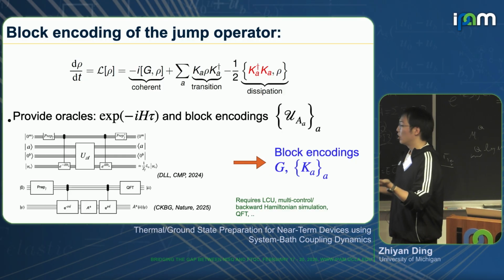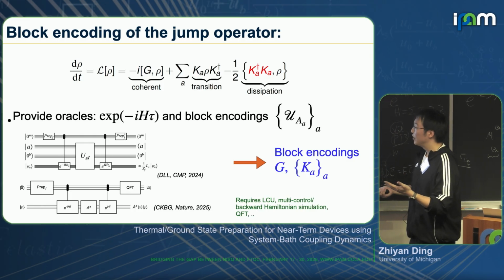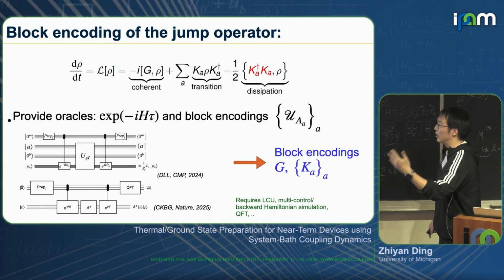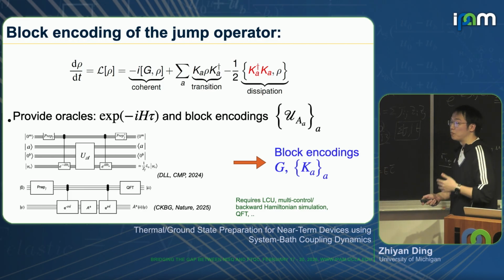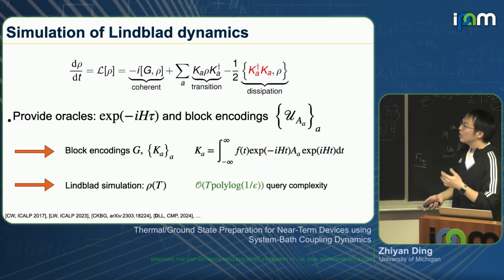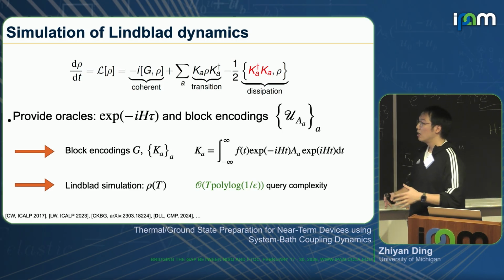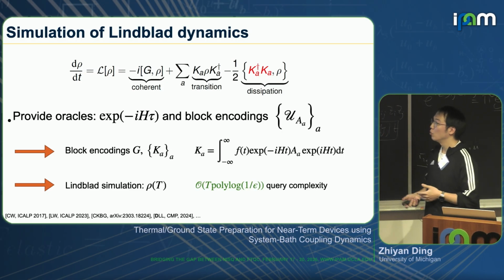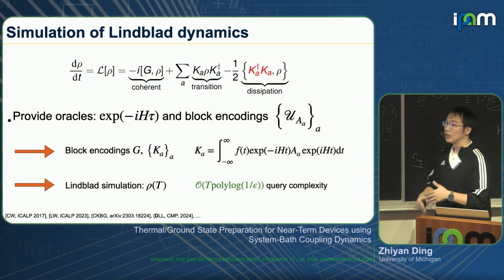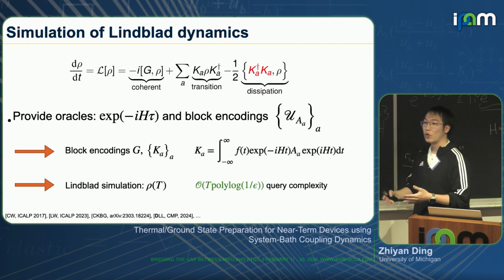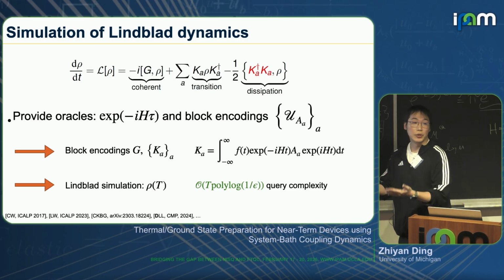You also need to use a QFT in some block encoding techniques. So basically, although we can guarantee that on the fault-tolerant quantum computer, we can efficiently simulate this linear Lindblad dynamics, this algorithm is not friendly to the near future quantum computer.